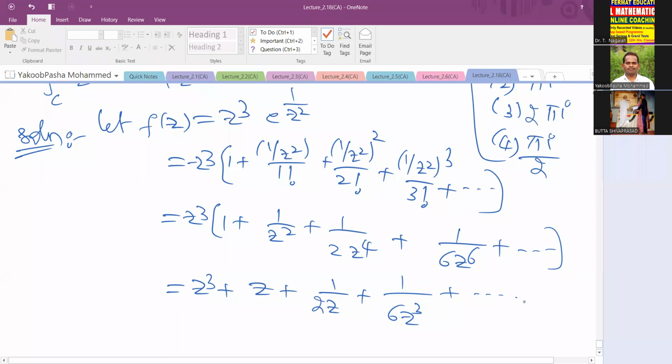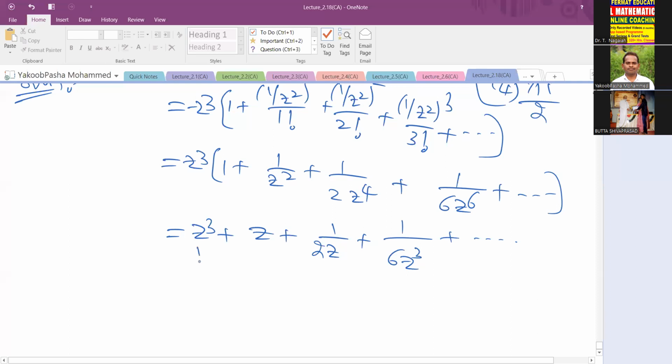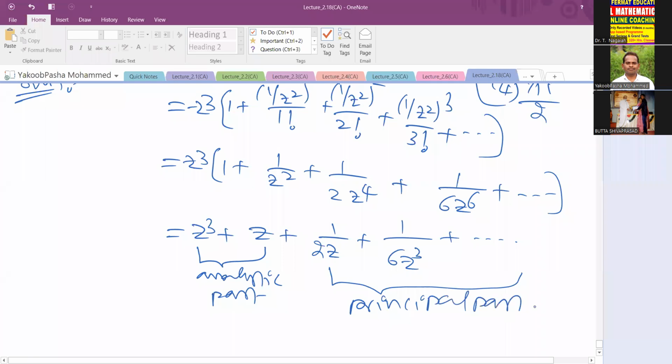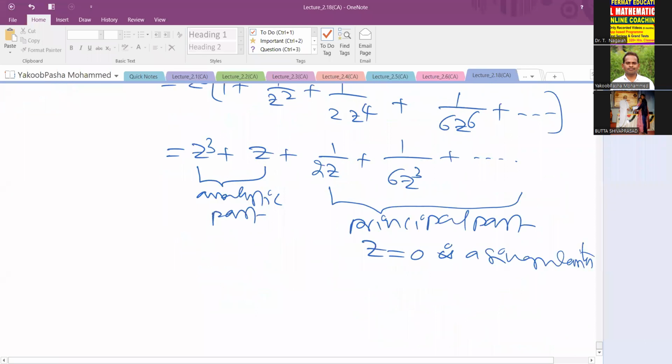And clearly we can observe up to this is the analytic part, and the remaining terms all have z in the denominator, so it is the principal part. So z equal to 0 is an essential singularity, and it is inside the circle.